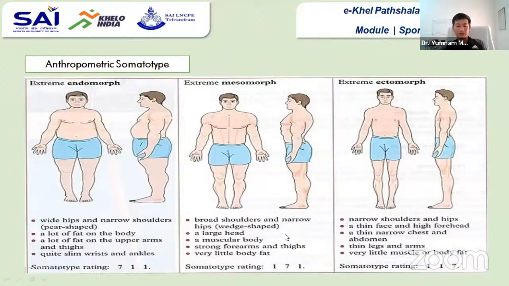And for ectomorphy, narrow shoulders and hips, a thin face and a high forehead, a narrow chest and abdomen, thin legs and arms, very little muscle or body fat.